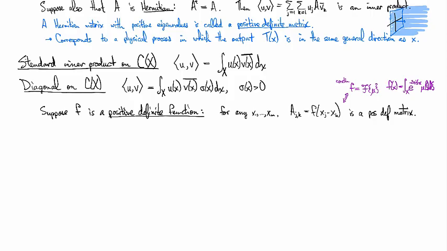So suppose we've got a positive definite function. Then we can define the inner product to be the double integral over x cross x of u of x, f of x minus y, v of y conjugate, dx dy.